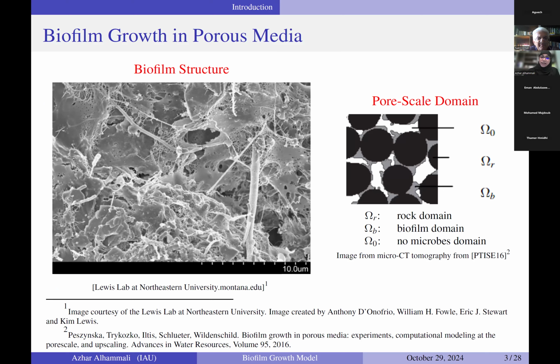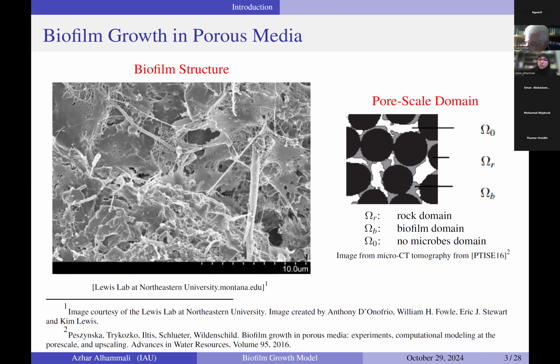Initially, when microbes attach to some wet solid surface in the existence of a nutrient, microbes consume the nutrient to grow, and then they produce this slimy substance, EPS, to protect them from the surrounding harsh environmental conditions such as dehydration and ultraviolet radiation, and also to boost their adherence to each other and to the solid surface. So once the EPS is produced, we can say that biofilm forms and it becomes mature.